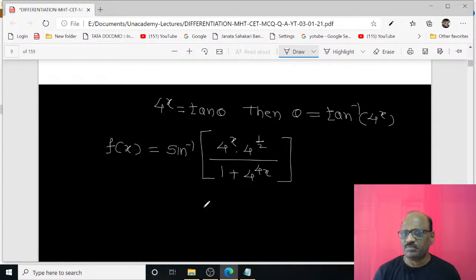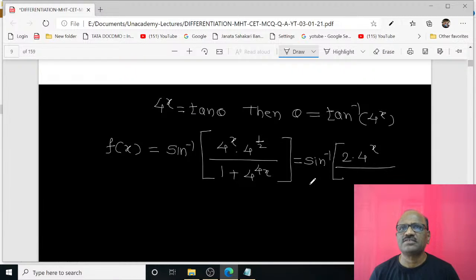Then what will you get? Here is a sine inverse and in bracket, 4 raised to 1 upon 2 means what? You will get 2 into 4 raised to x. This is the first thing.